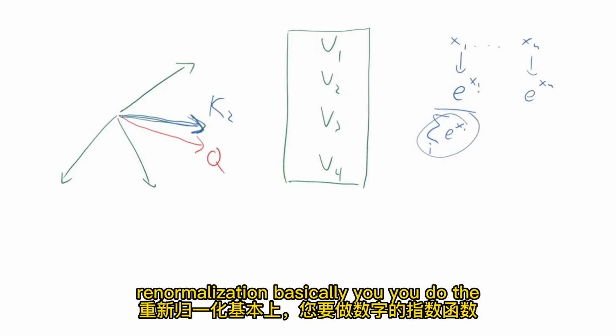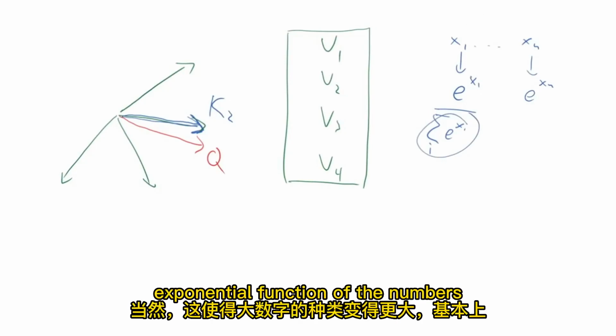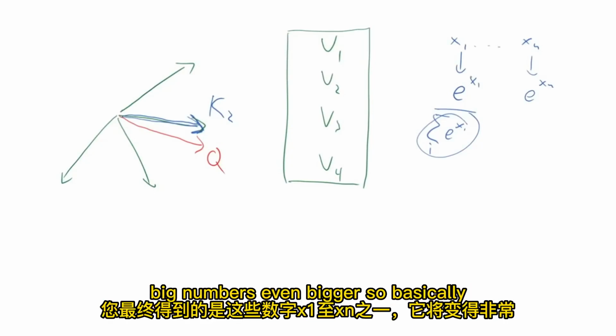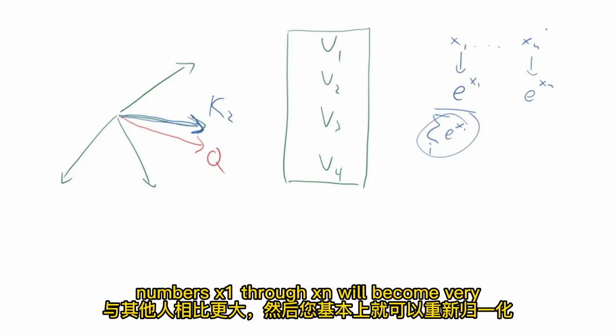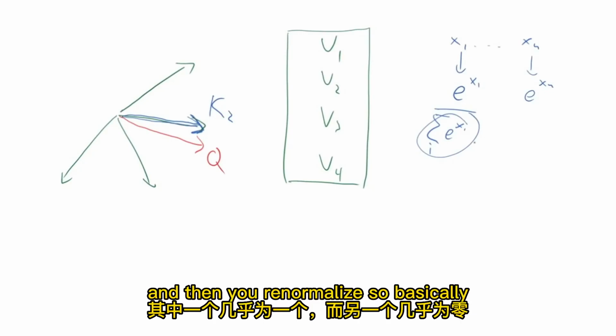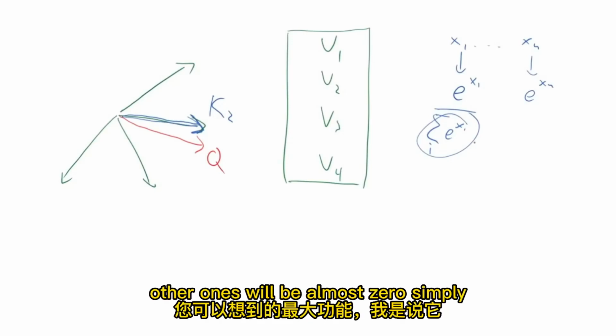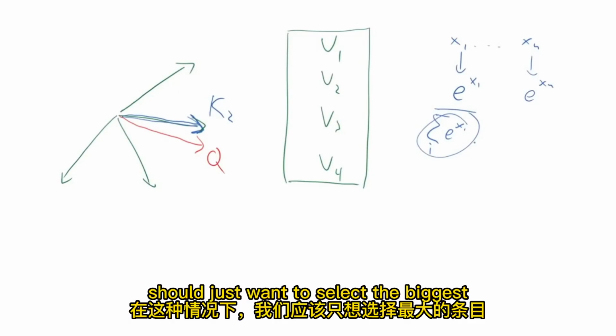You do the exponential function of the numbers, which of course makes the big numbers even bigger. So what you end up with is one of these numbers, x1 to xn, will become very big compared to the others, and then you renormalize. So one of them will be almost 1 and the other ones will be almost 0. Simply the maximum function you can think of in a differentiable way. I mean, you just want to select the biggest entry.